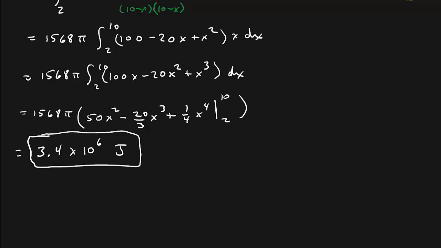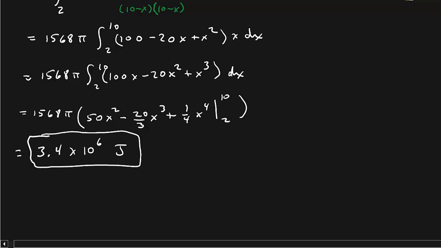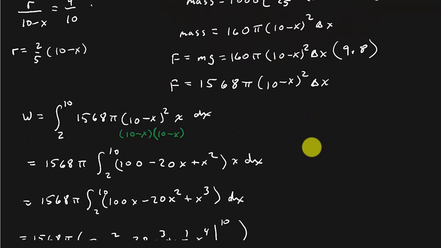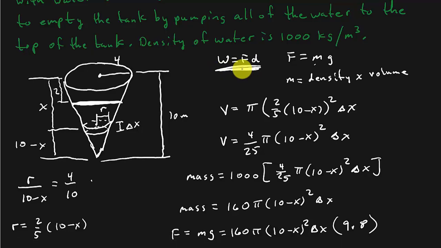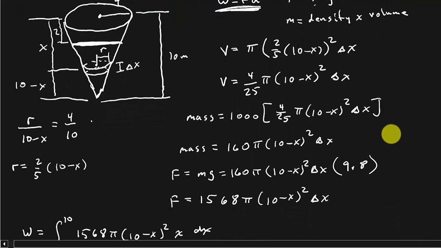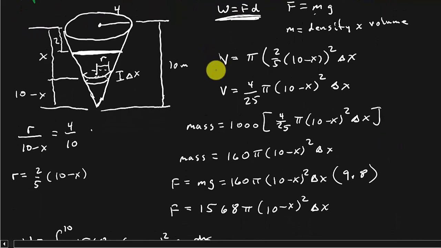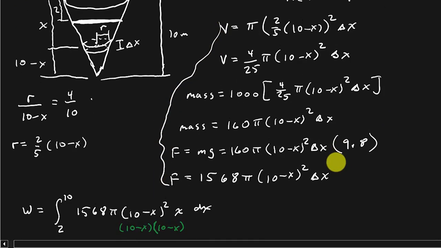So just remember, the whole key to this is getting this right here, force times distance. What do you need to get the force? And to get the force, we had to do all of that to get the force.